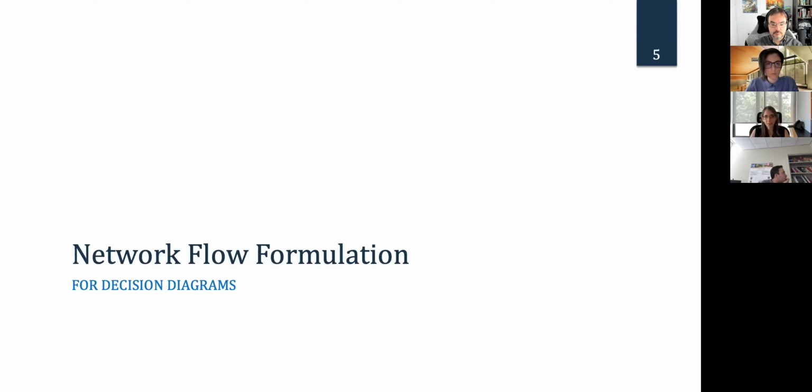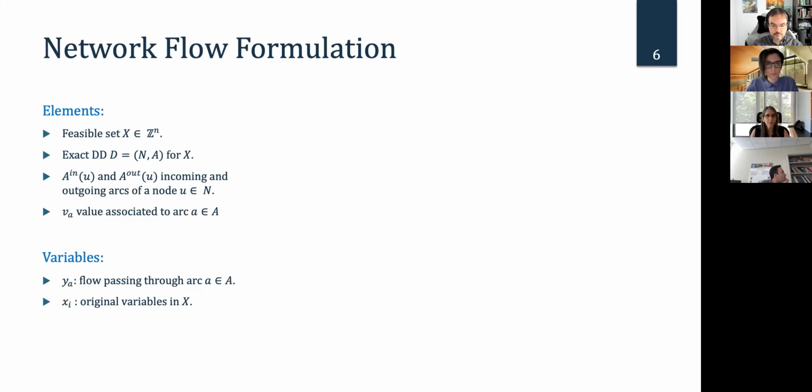Okay, so let's start with the network flow formulation. I'm pretty sure you have seen this before, but as I said, there's no better way to learn than repetition, right? So this is what we're going to have: a feasible set X, with integer values. We're going to assume that we have an exact DD for this feasible set X, and here's some notation.